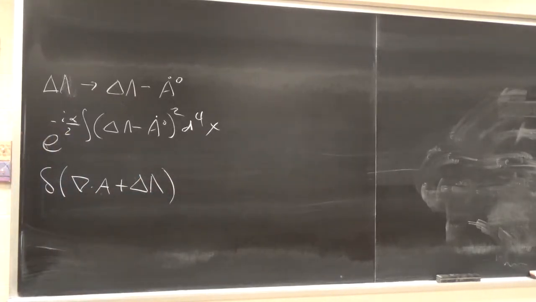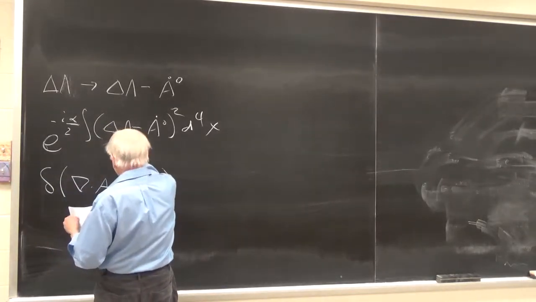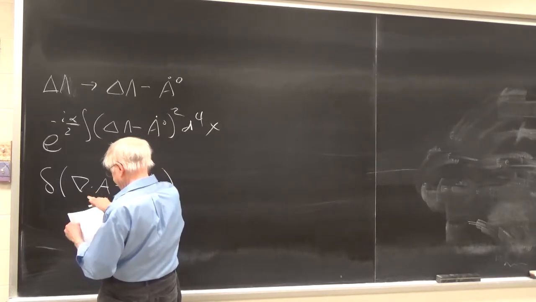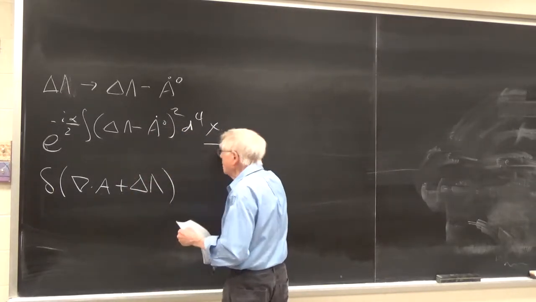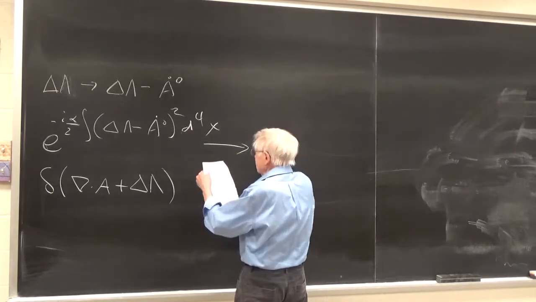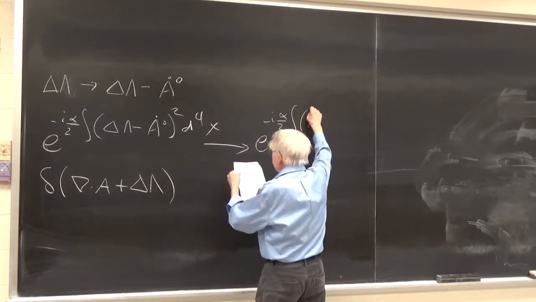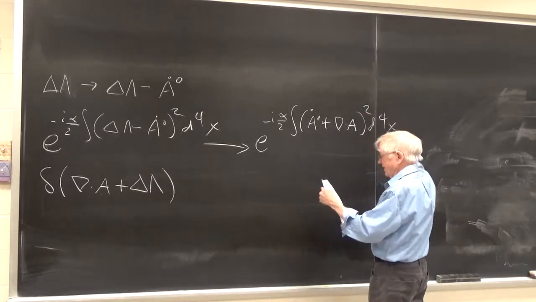Remember, we had the divergence of A plus Laplacian lambda. So this gauge transformation acting on this then replaces Laplacian lambda with minus the divergence of A. And this changes that to e to the minus iα over 2 integral of (∂·A₀ plus ∂·A) squared d⁴x.